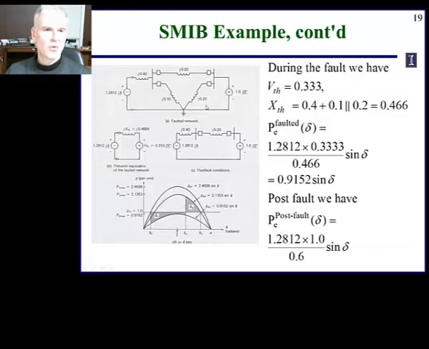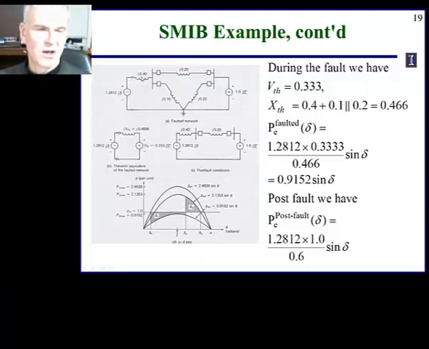Okay, so we can then sketch out the three systems that we're dealing with during the fault using the graph here over on the left. Here's the schematic of our system. We've got our internal voltage, delta, got X_d prime in series with the J0.1 from the step-up transformer. We put our fault a third of the way down the line here.